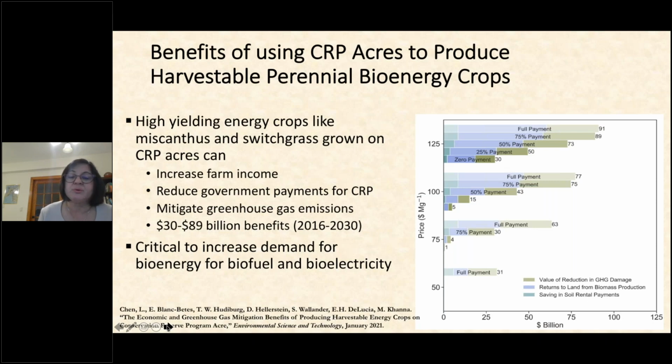It can reduce government payments with CRP. It can mitigate greenhouse gas emissions, by displacing either biofuel or even better bioelectricity, fossil fuel electricity. And so a really significant win-win potential from using land for multiple purposes, not just for environmental and conservation reasons, but also to produce bioenergy. Next slide, please.